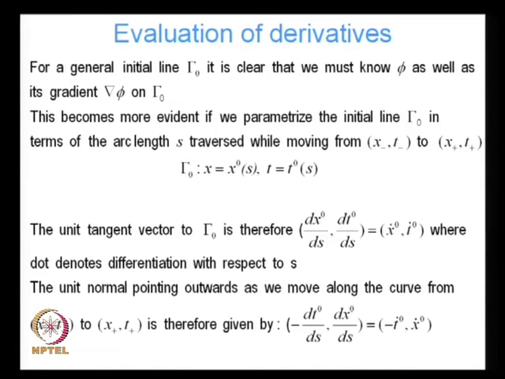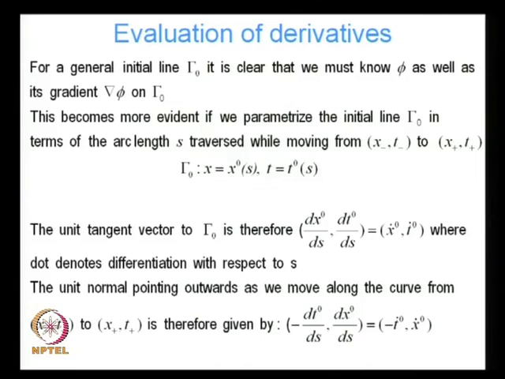So, the unit tangent vector to gamma 0 is therefore dx 0 ds, dt 0 ds. It tells me how x 0 is varying with s and t 0 is varying with s. Now you can see that I do not have partial derivatives anymore, I have total derivatives, because x 0 and t 0 are functions of s only.